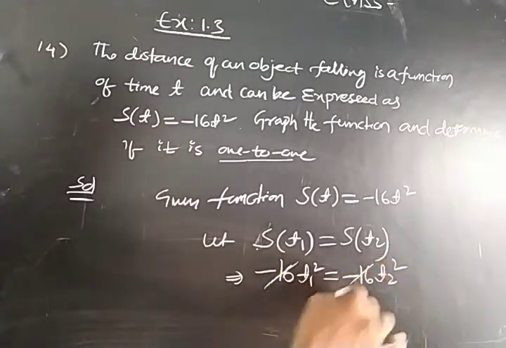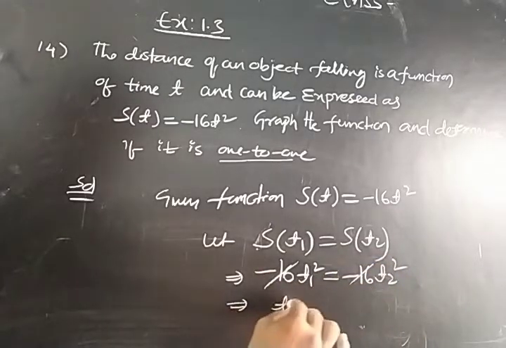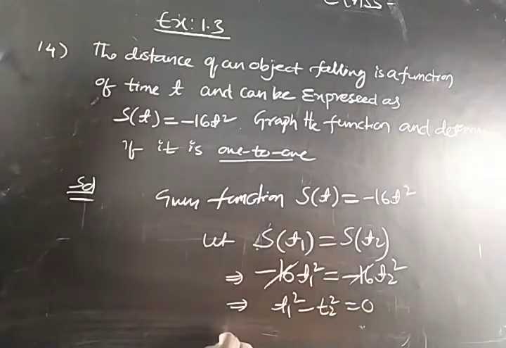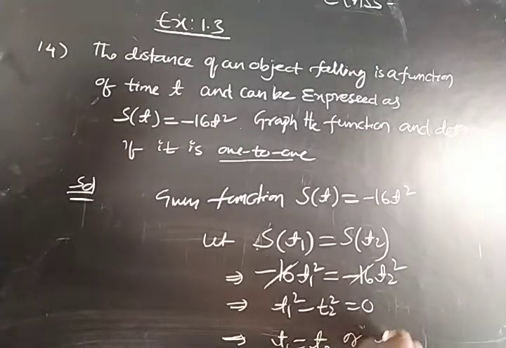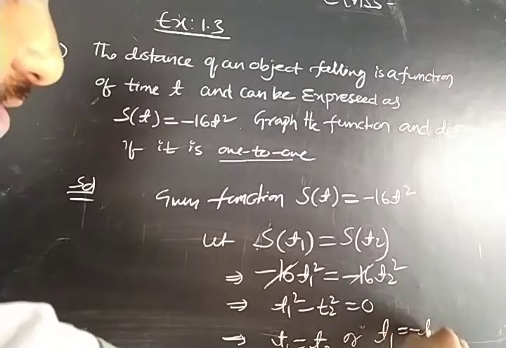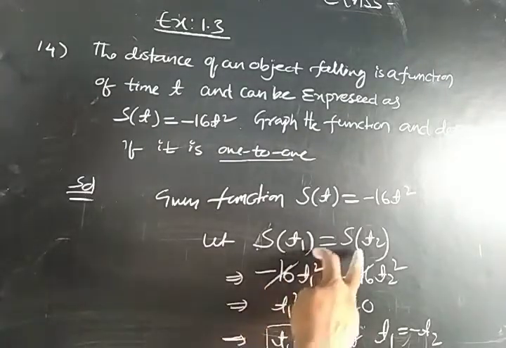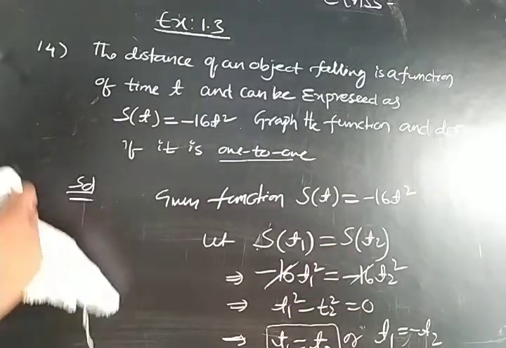Minus 16 cancels on both sides, so t1 square minus t2 square is equal to 0. Here you will get t1 equal to t2, or t1 equal to minus t2, both equations. But time we should not take as negative, so we should consider only t1 equal to t2. So if images are equal, we got pre-images are equal, right?